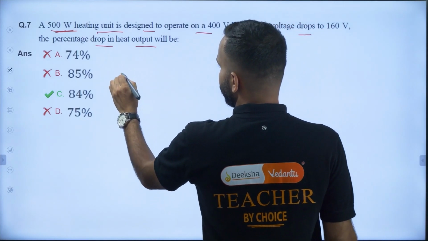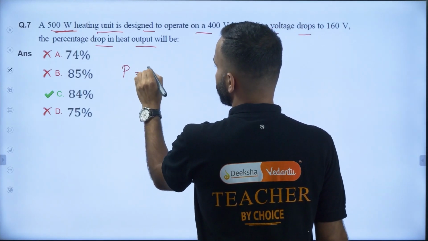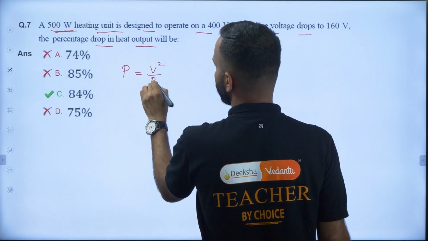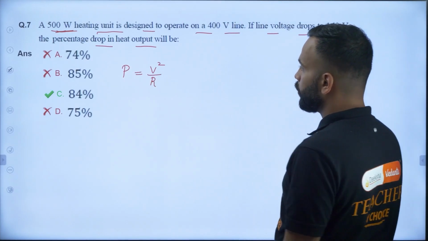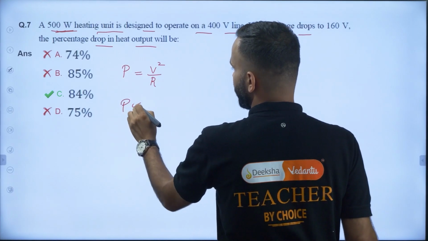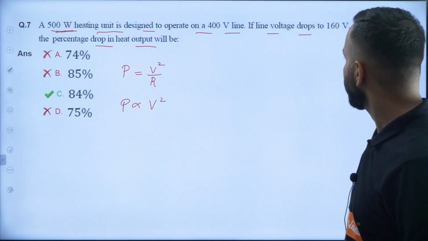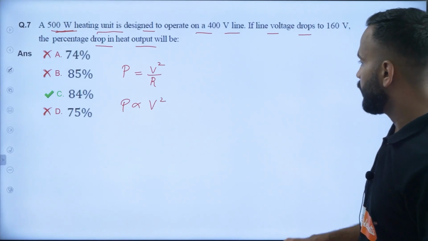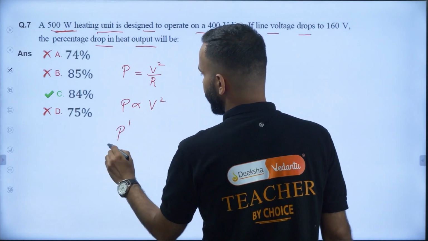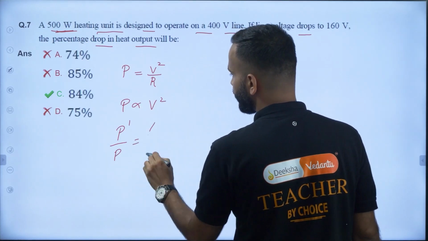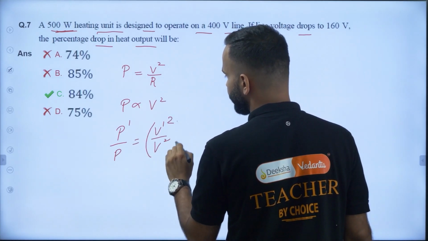We know that the power P is equal to V square divided by R. R is constant, so power is directly proportional to V square. Now P dash divided by P is equal to V dash squared divided by V squared.